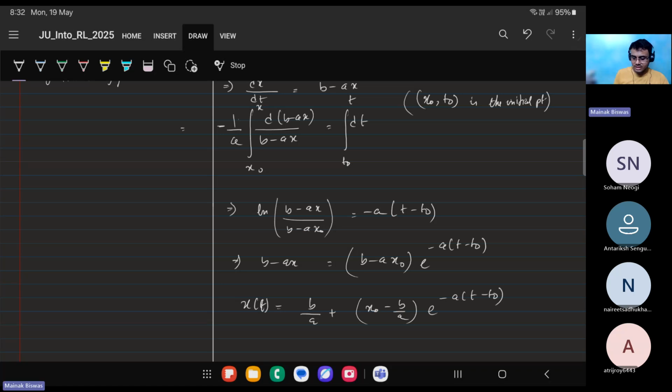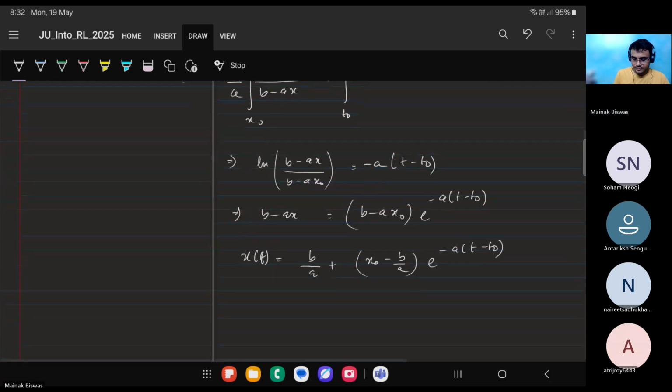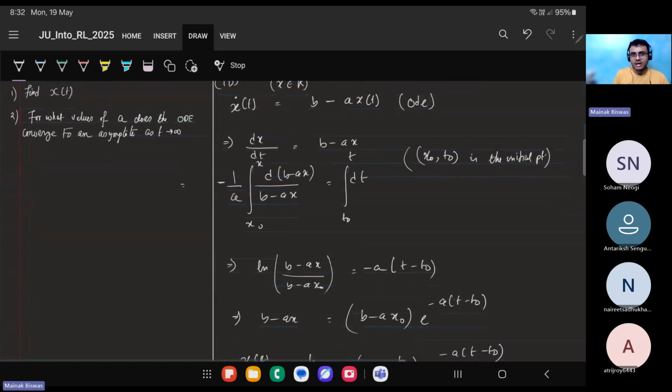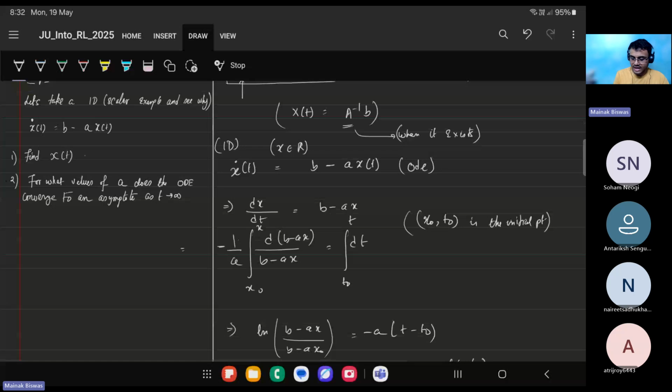So if this is clear, now tell me, when does a fixed point exist? Sorry, could you just explain how we are deriving that A is invertible from this? I just missed out there. I have not yet said A is invertible or not. I'm just saying, say we had this equation.